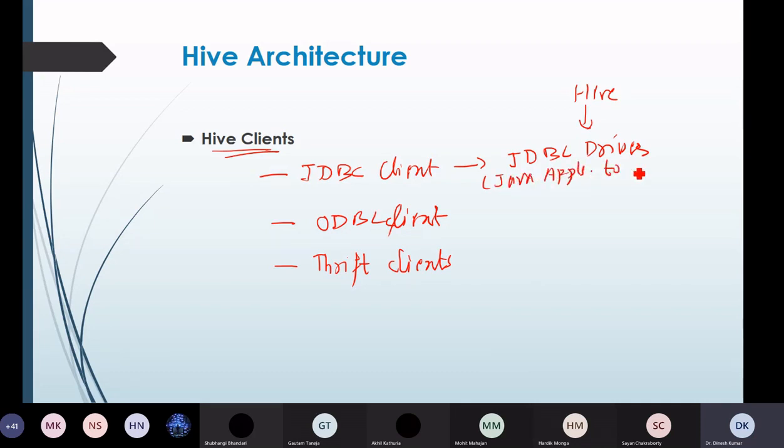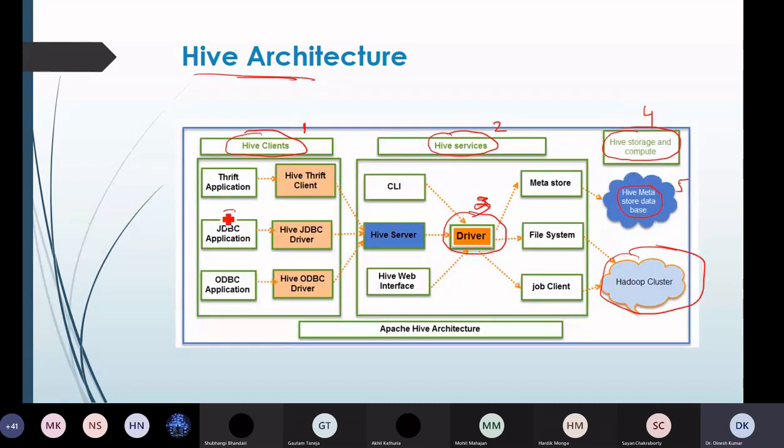Okay, so this is the component I'm discussing here. So we have a JDBC based application or Java application. Now this application connects with the Hive by using the Hive JDBC driver.